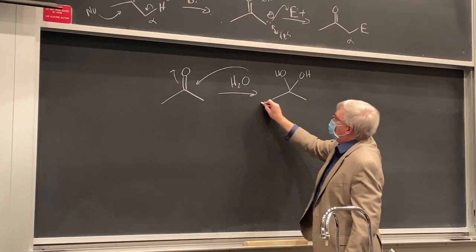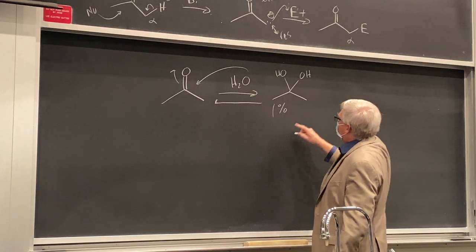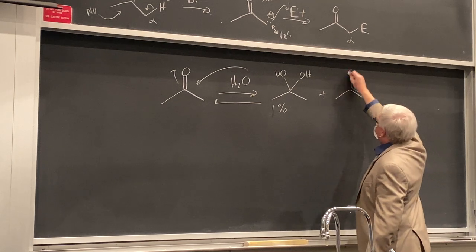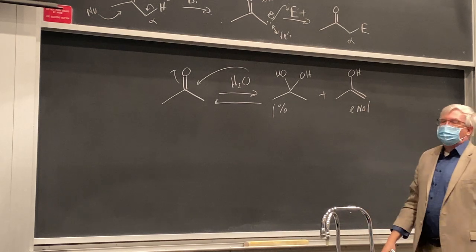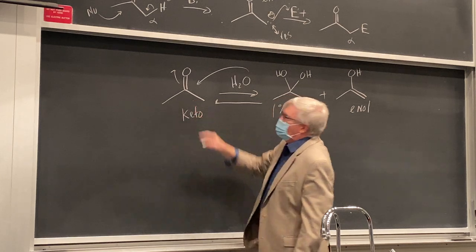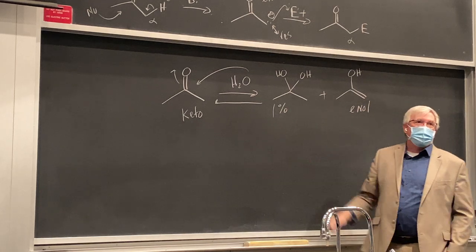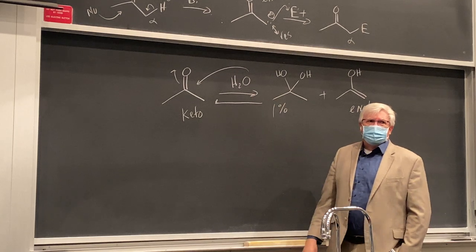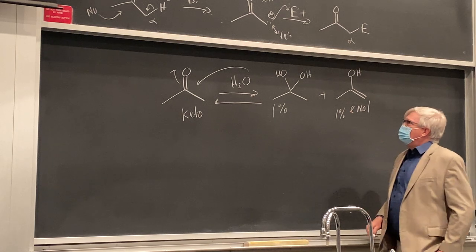And remember, we said that was highly unfavored, maybe 1% or so. There's another thing going on here, equilibrium-wise, and that's formation of the enol. Now the carbonyl version is called the keto version, and that also is the one that's highly favored here. But equilibrium-wise, these are going on in the background all the time if the carbonyl compound is placed in water. And both of these are very low, right? 1% maybe.